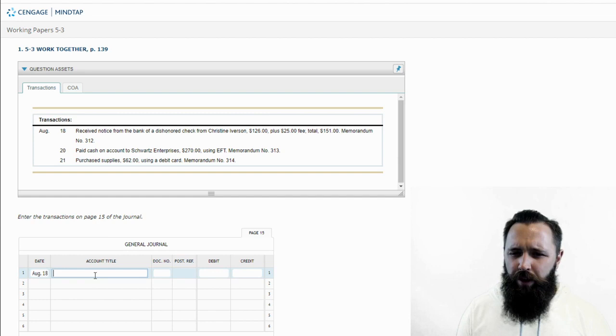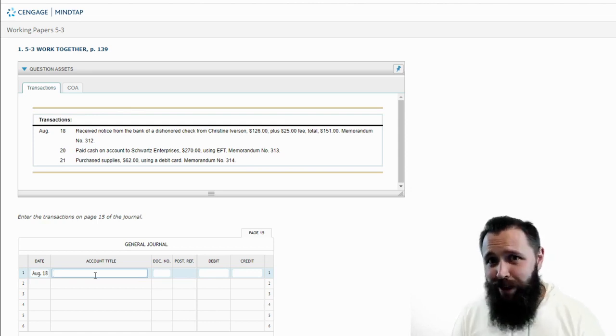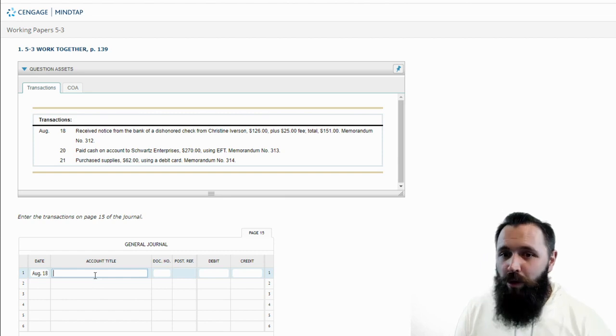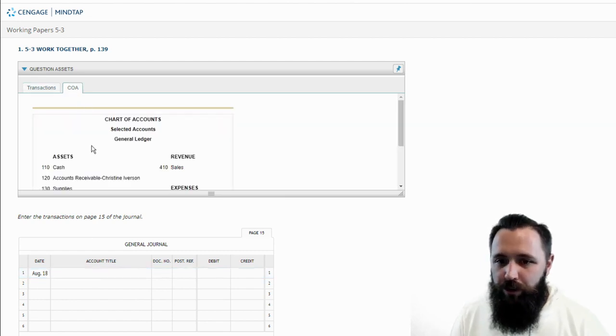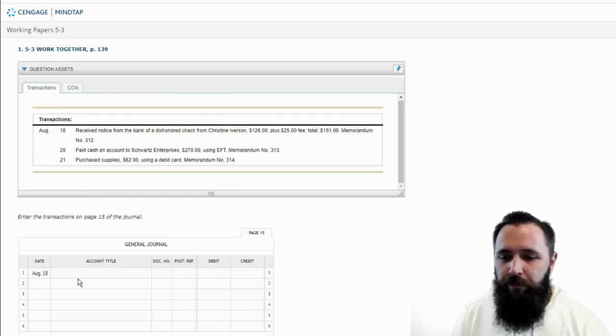Well, we know that Christine Iverson sent us a bad check. And Christine Iverson's going to pay us back for that bad check, right? So what are we going to do? We're going to look at Christine Iverson's accounts receivable, and we're going to debit that because we're going to say, you owe us more money. Let's go to the chart of accounts and just look here, and we have accounts receivable for Christine Iverson. Let's put that in.